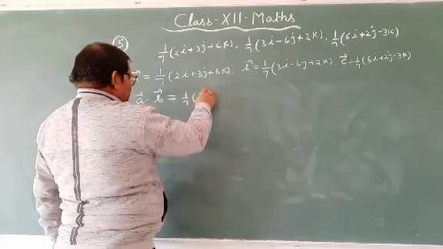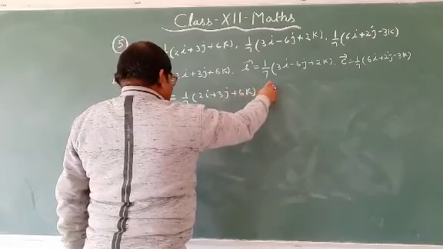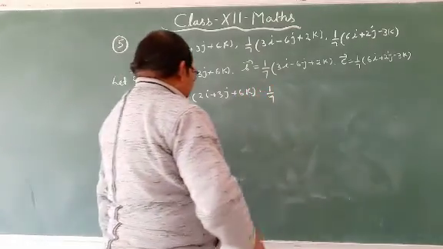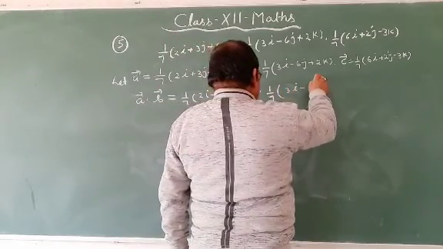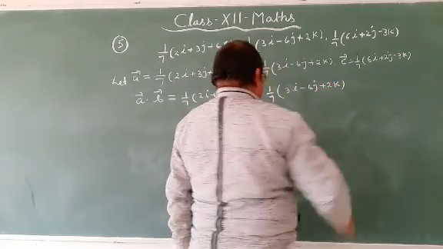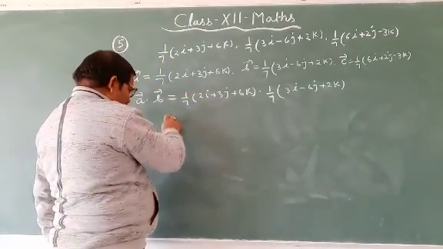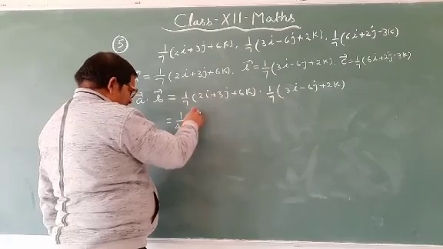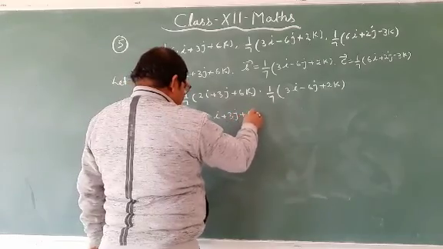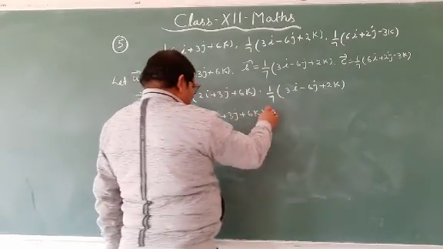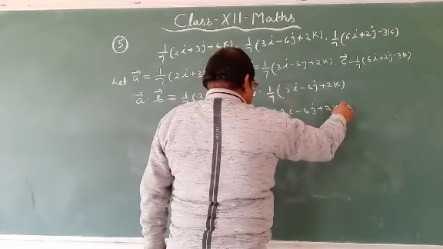So 1/7 (2i + 3j + 6k) dot product 1/7 (3i - 6j + 2k) is equal to 1/49 (2i + 3j + 6k) dot product (3i - 6j + 2k).